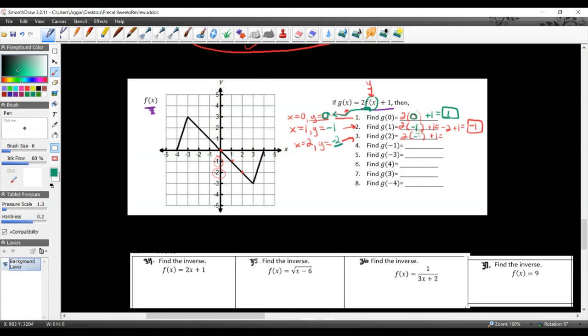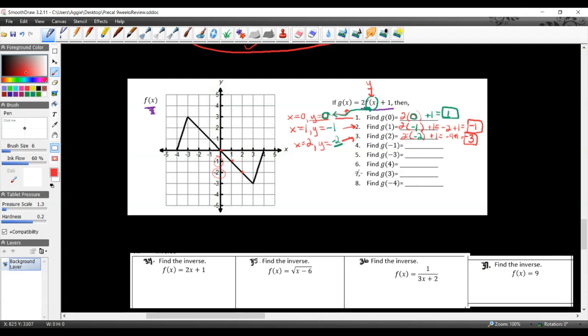So -2 goes in here. Okay. So 2 times -2 is -4 plus 1 is equal to -3. Okay. So -4 plus 1 is equal to -3.